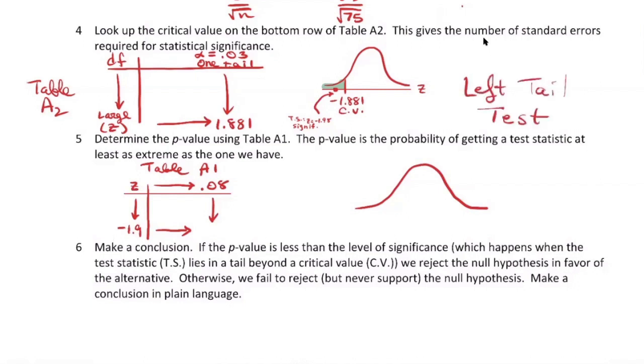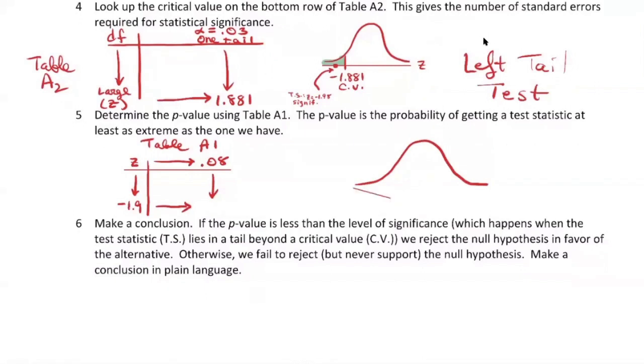Okay. So the area in the tail to the left is what gives the p-value. Let me jump over to table A1.